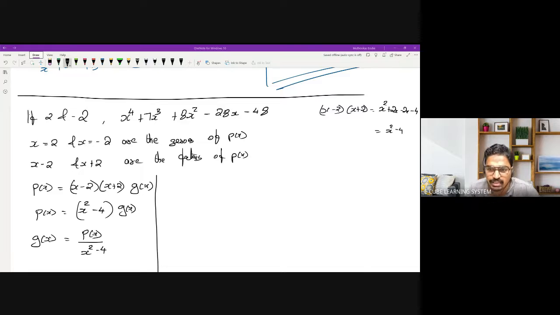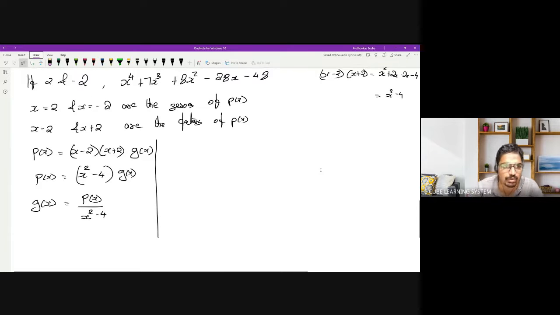We will calculate the g of x by long division. That is equal to our P of x, x raised to 4 plus 7x cube plus 8x square minus 28x minus 48, divided by x square minus 4.